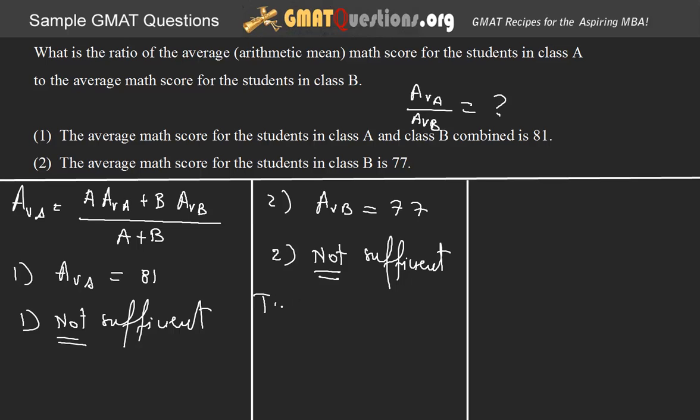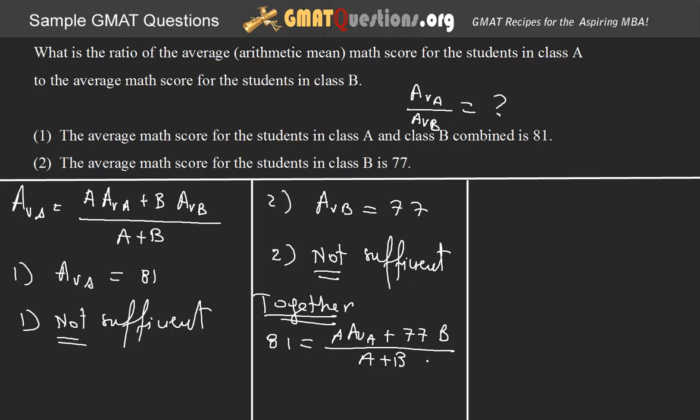So if we do them together, we can write 81 is equal to A times AVA, we don't know B, but we know 77 times B, over A plus B. Now we have two known entities, but we still don't have A, we don't have AVA, we don't have the sum.